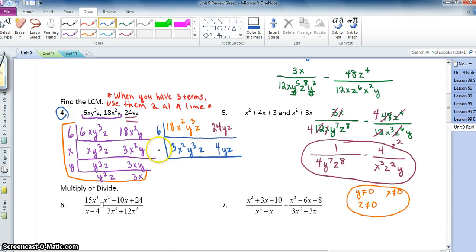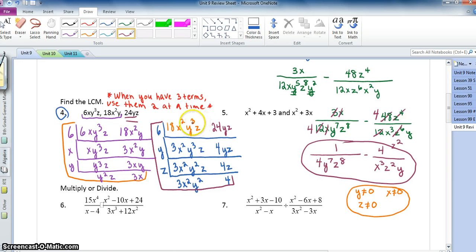I then can take out a y. And I can also take out a z. They have no more common factors here, so I can stop, and L is for LCM.